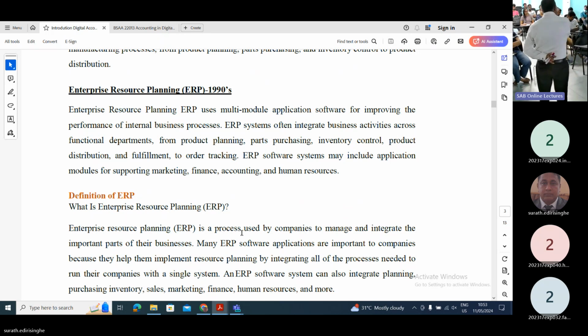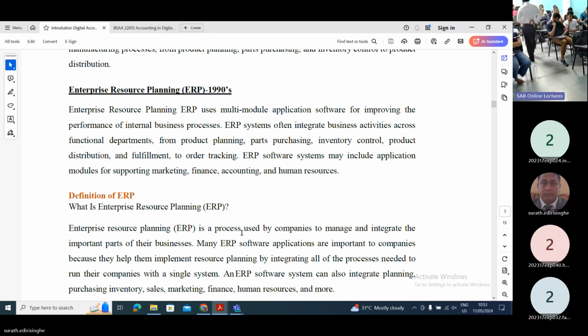This is called a multi-module application. Read this paragraph. Multi-module application software for improving the performance of internal business process. The internal business process I already explained. The different functions available.